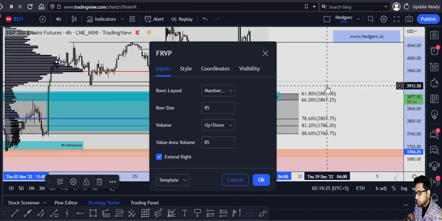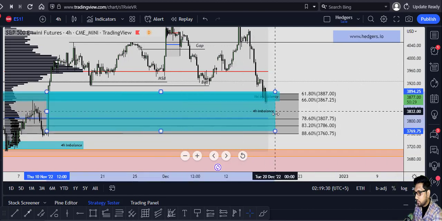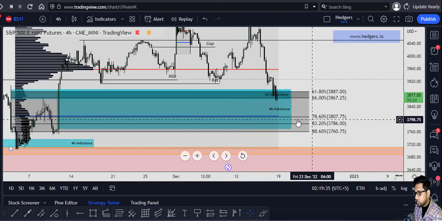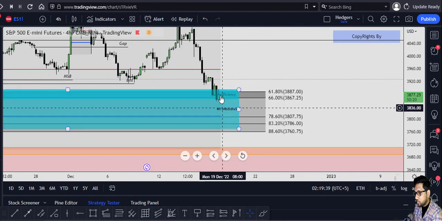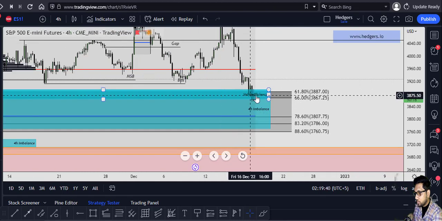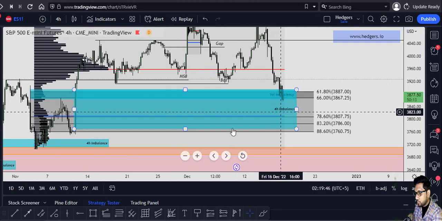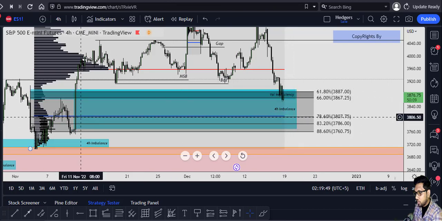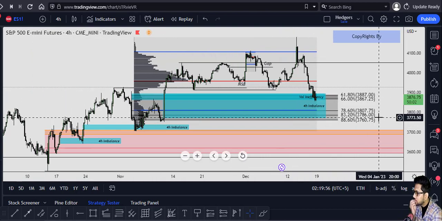Okay, so going for the imbalance now, and the value area low 786. If this doesn't hold here, the S&P 500 mini, then the chances are really high for filling the forever imbalance and the value area low of this volume profile and the 786.